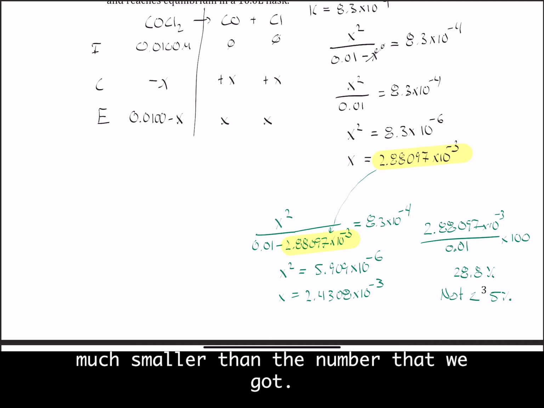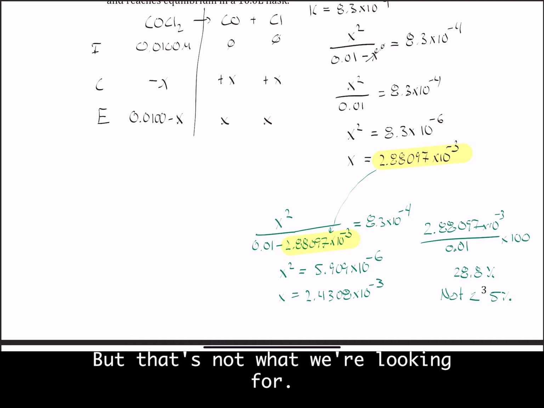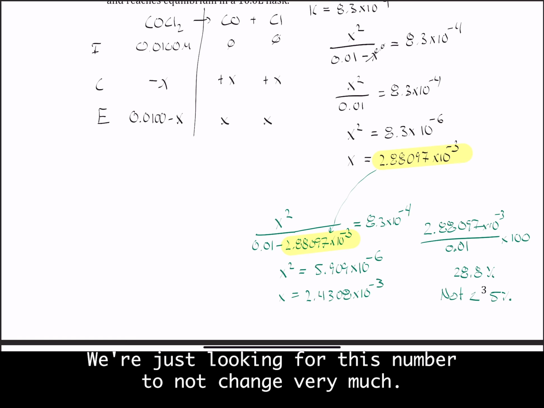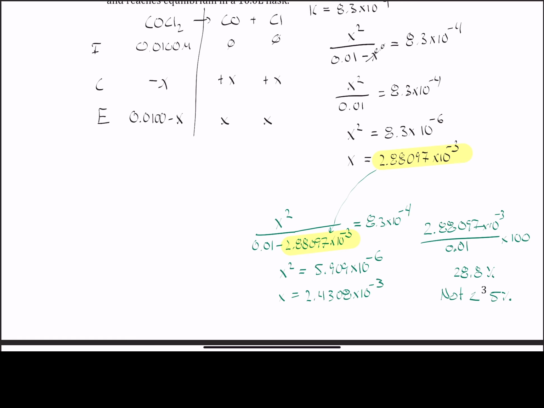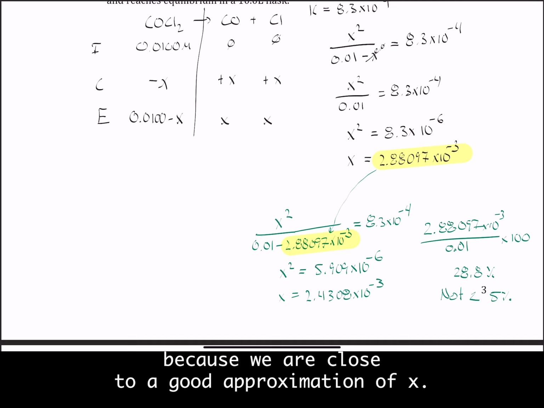Now that's not that much smaller than the number that we got. So this is still not going to be less than 5%, but that's not what we're looking for anymore. After the first less than 5% doesn't pass, we're just looking for this number to not change very much. Between 2.43 and 2.88, it didn't change very much, which means we are close to a good approximation of x.